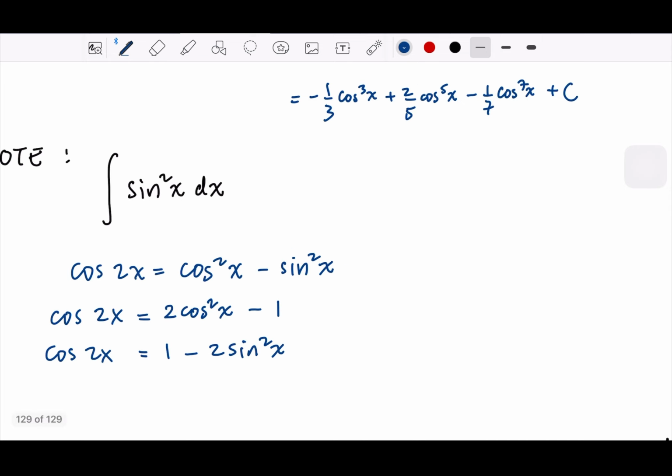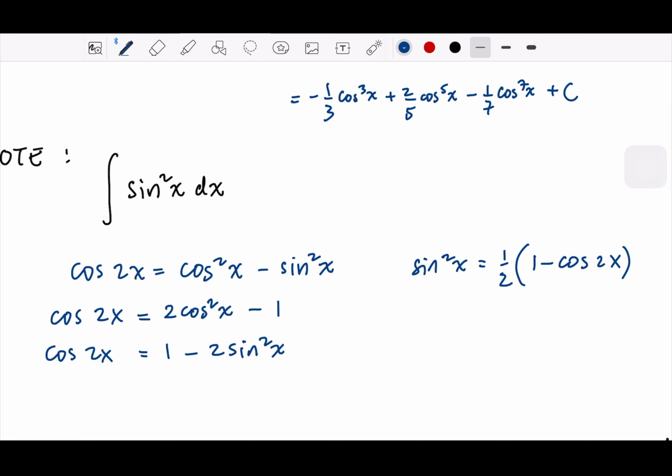So the sine squared x is half multiplied with 1 minus cosine 2x. Okay? And if you write the integral using this form, I think it's really easy to compute, right?